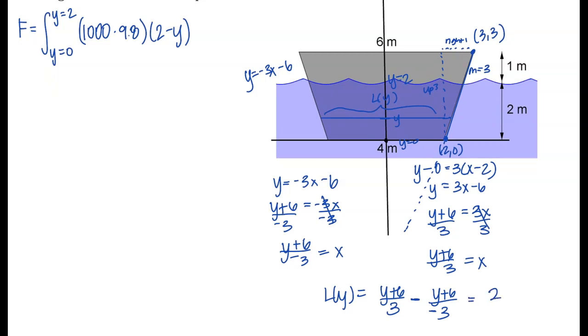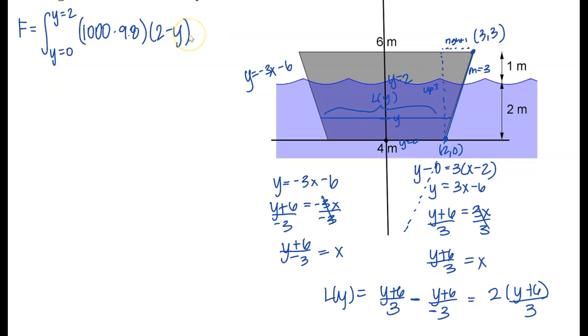So that's 2 copies of y plus 6 over 3. And again, because of symmetry, that makes sense. This right side distance here is just right minus 0. So y plus 6 over 3, this little distance here, and then we're doubling it, right? So 2 copies of y plus 6 over 3. So that's our function L of y.